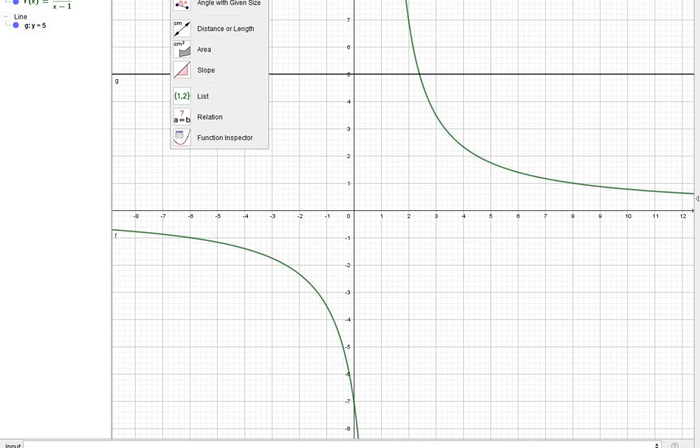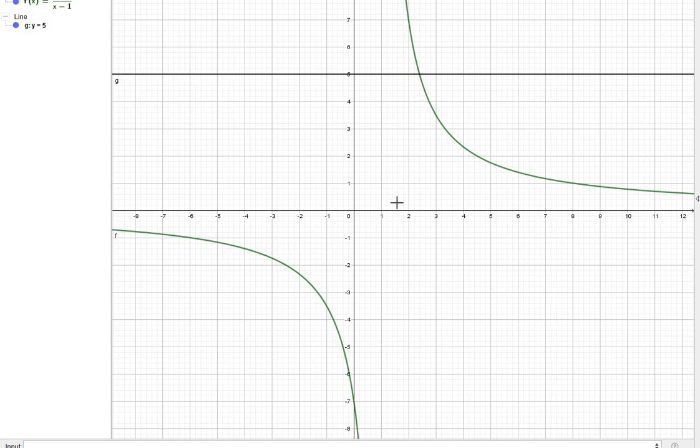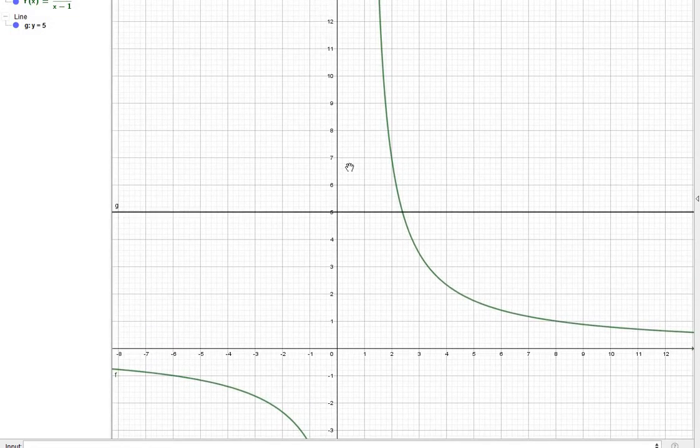All of the x values less than 3 but bigger than 1, or less than 2.5 or whatever this is, all of these x values from here to the left up to only 1, between these 2 points, are the x values where the graph is greater than 5.